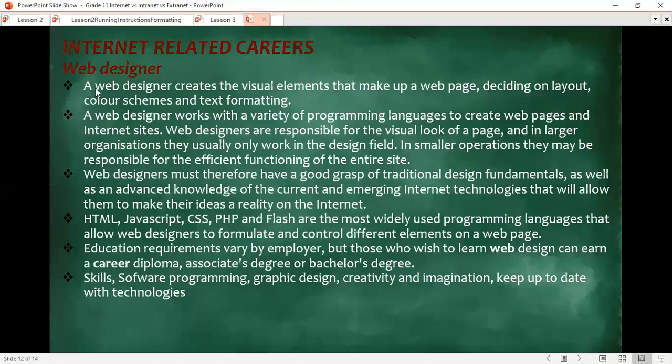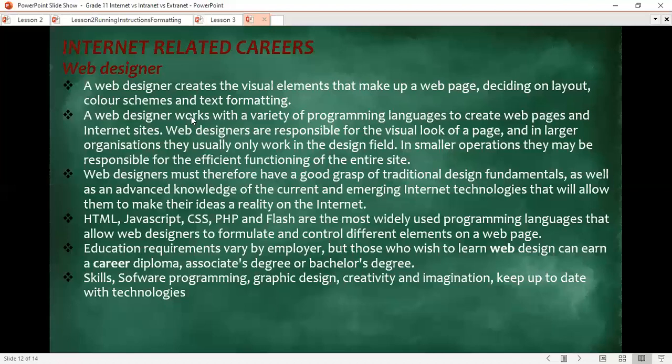Some people sell website designs which don't have content, because the web designer looks at the visual elements that make up a web page, then decides on the layout, color scheme, and the text formatting of that website. So a web designer doesn't put the content there. They just design the structure of the website.